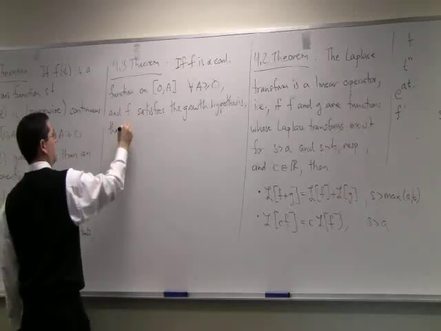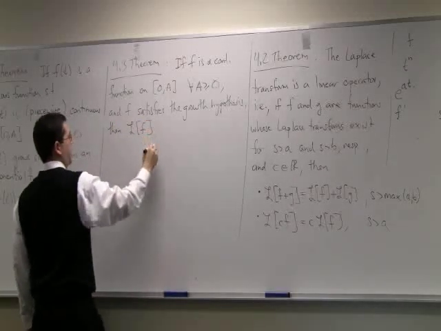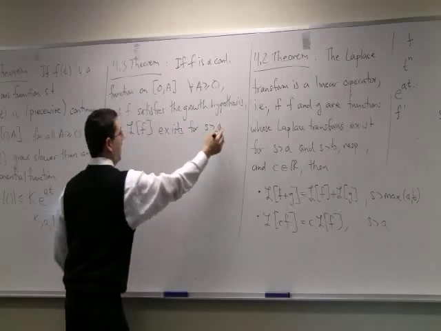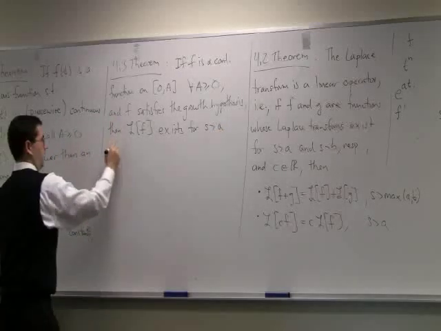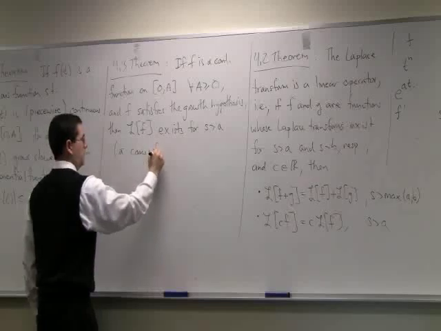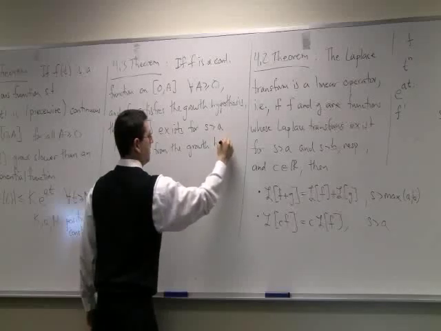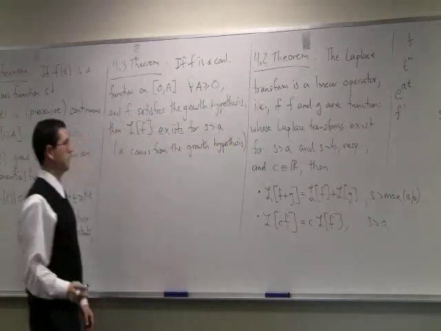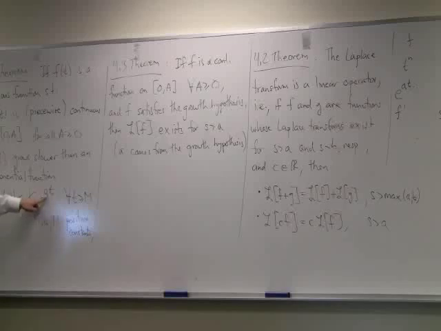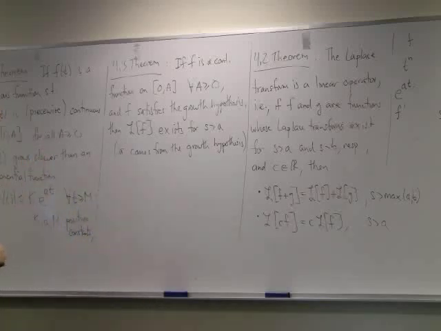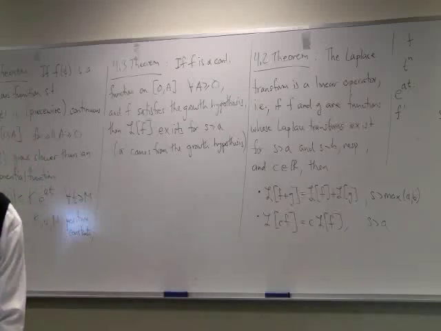Then the Laplace transform of f exists for s greater than a, where again a comes from the growth hypothesis. It's this parameter in the exponential that bounds the function. Okay. And the proof is exactly the same, really, as for theorem 4.1. So I won't retell it.